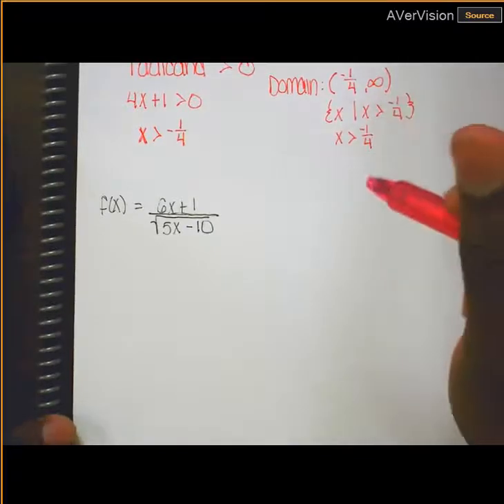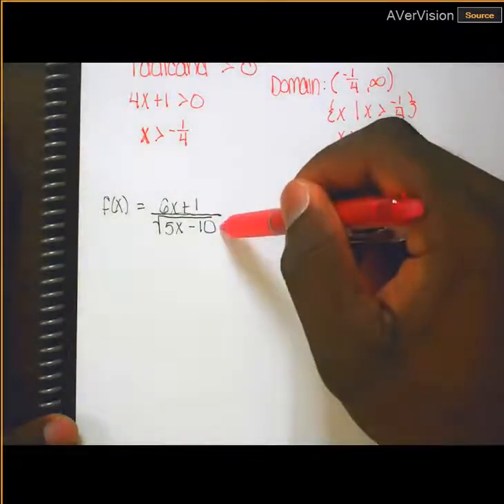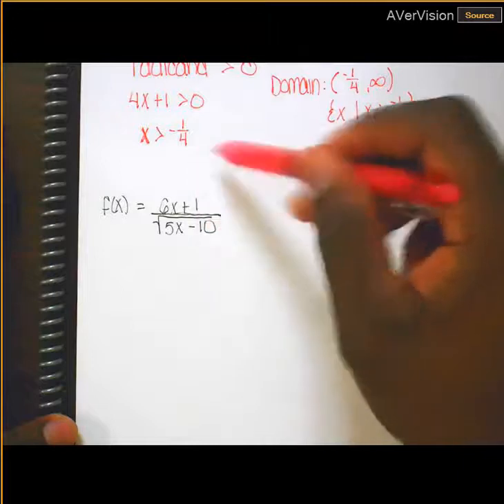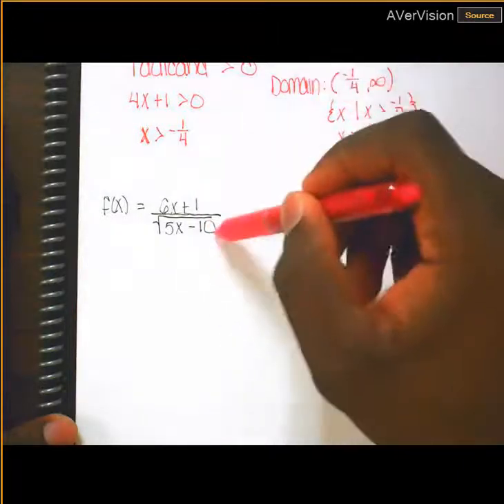This one, we have a combination of both. We have a radical and a rational. Radical, we cannot have negative numbers. Rational, we cannot have 0.